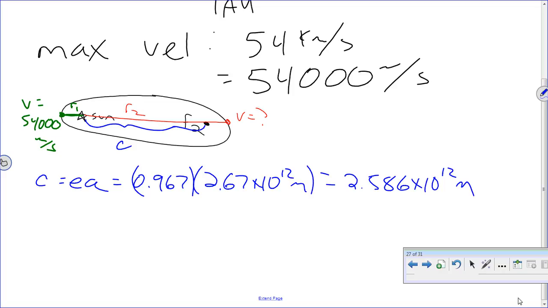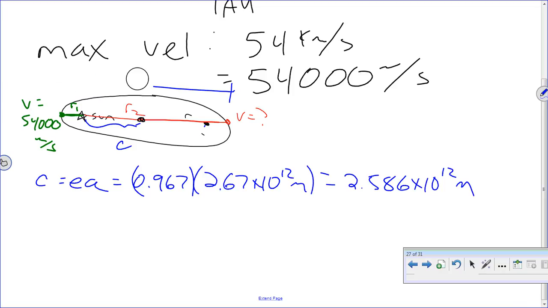So thoughts? What's this distance? That's 2A, right? So 2C minus 2A will give me these two little bits, right? Oh, in fact, you know what?